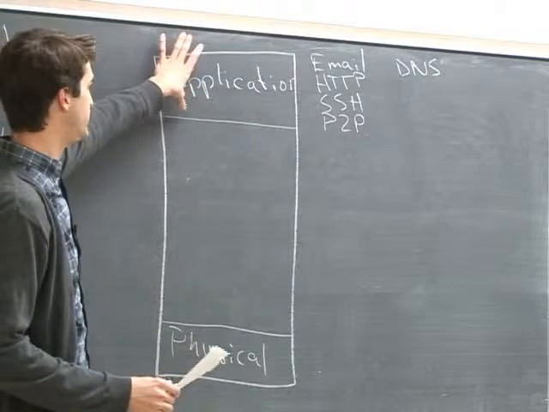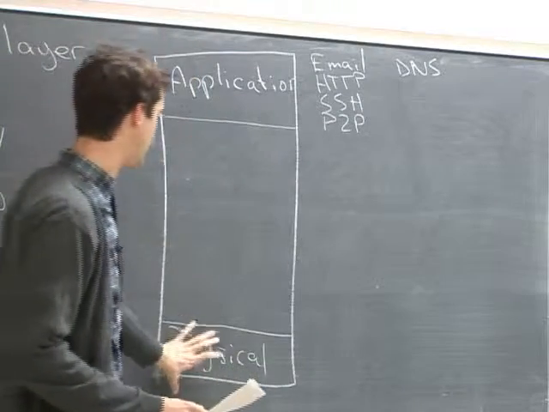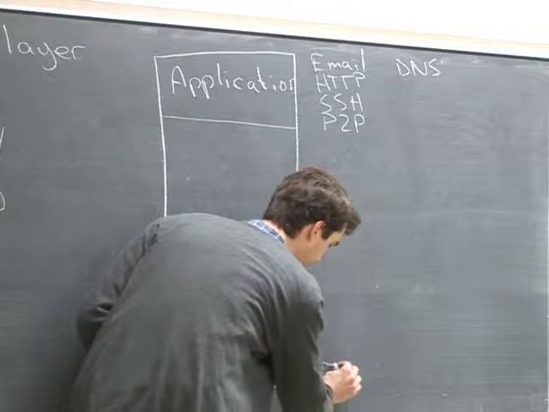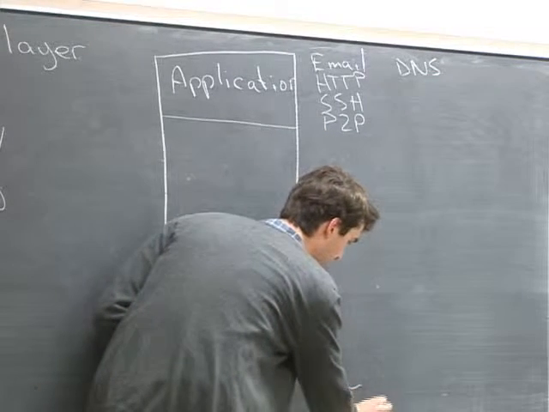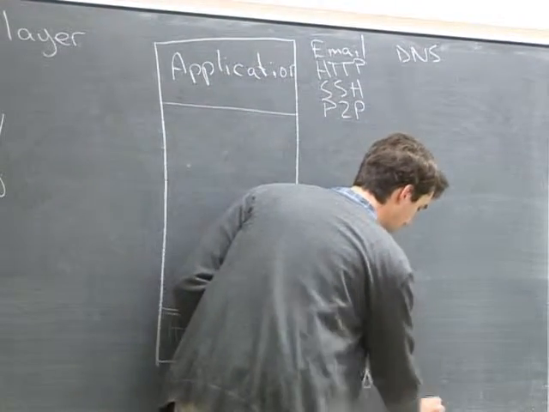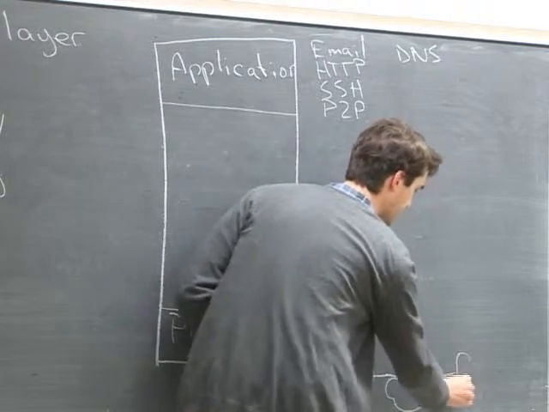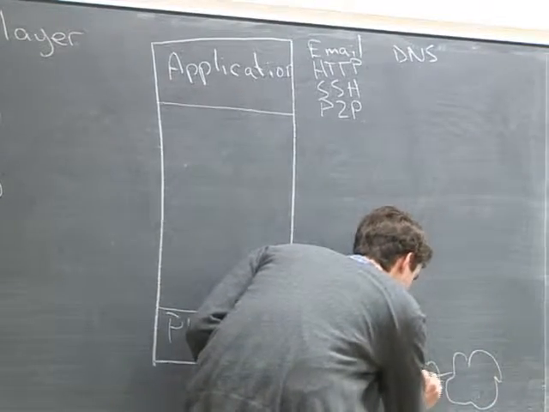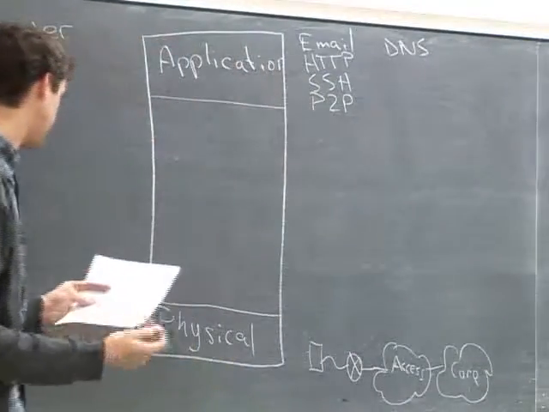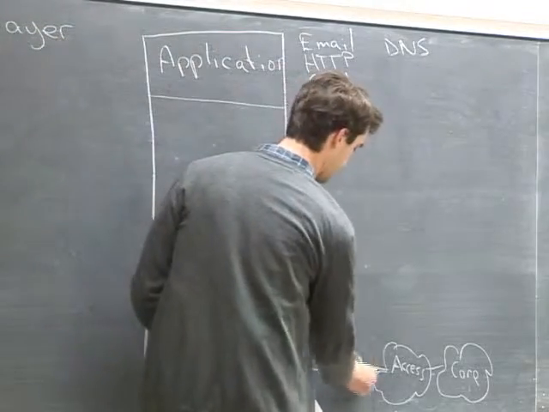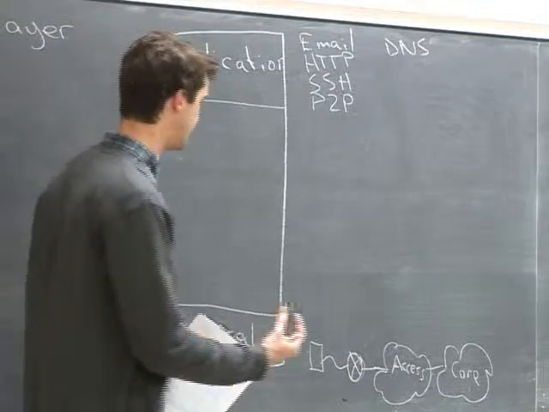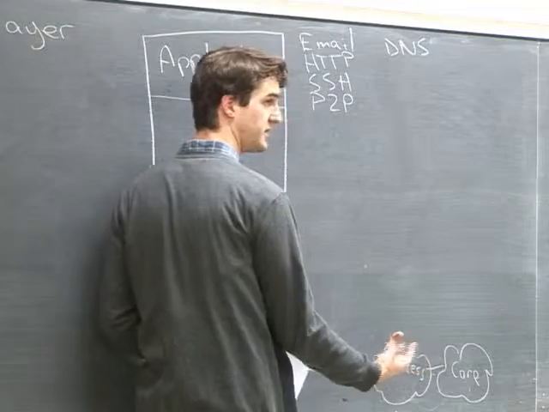All right, so you have a good idea of what the application layer looks like, and you have a reasonable view of what the physical layer looks like. You know that it looks like something like you have your home computer. It's connected by a wire to your home router, which is then connected to your access ISP, which connects to the core. And so you have some idea that these are hardware devices, and that the goal of the physical layer is to tell these devices how to communicate with each other.